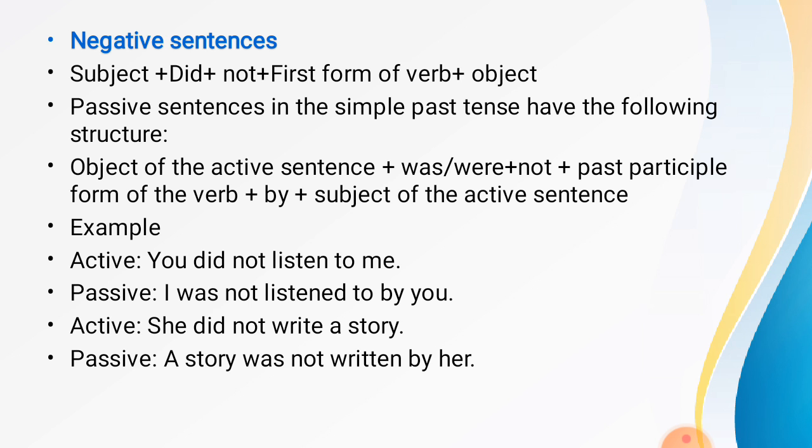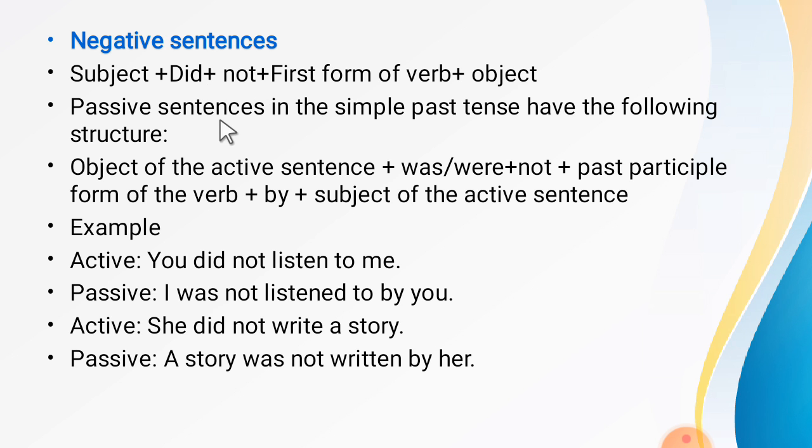Okay, so negative sentences, how do we make negative sentences? First we put subject, then did, then not, first form of verb plus object. As we have already talked about, whenever we are writing negative sentences of the simple past tense, we do not use the second form of the verb. We use the first form of the verb in negative or interrogative sentences when we put the helping verb did.